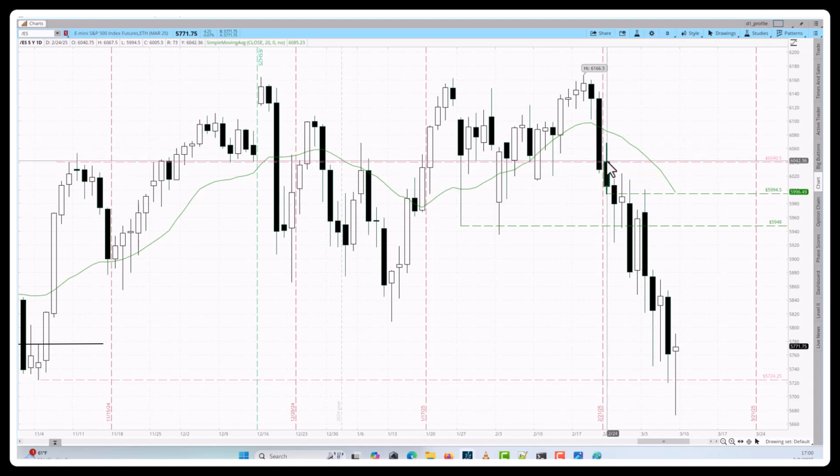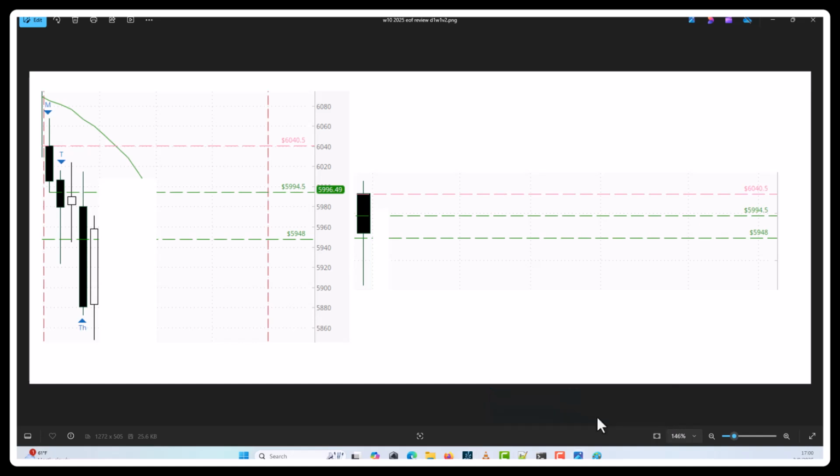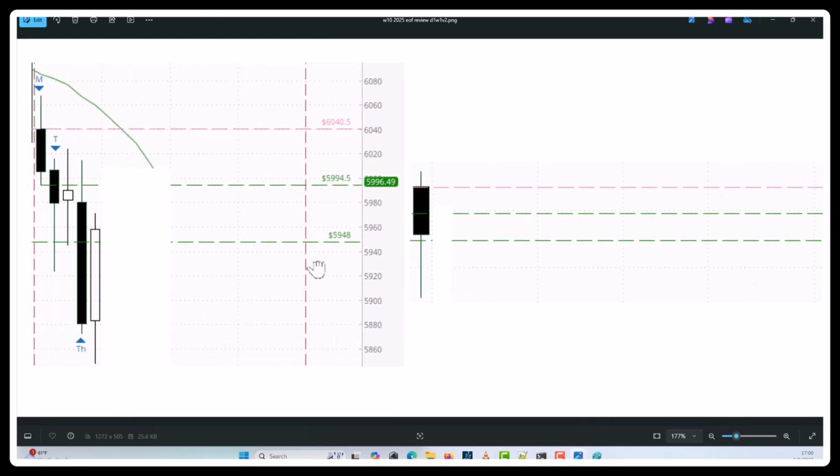And then boom, it broke it down. It broke the low of this candle. You can see that on the weekly right there, 40.75. And after that is expansion.